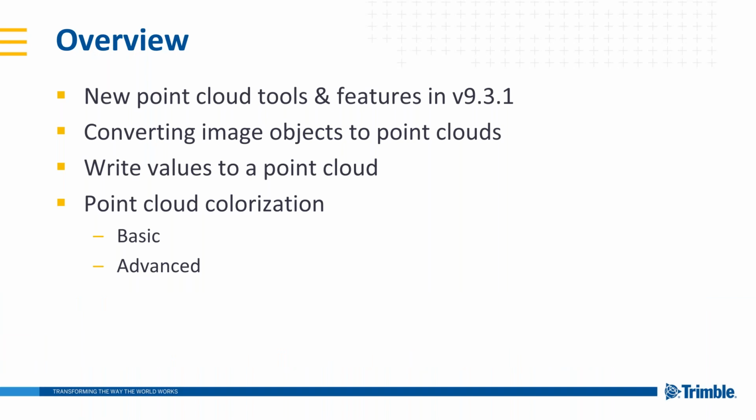We're then going to look at how we can convert image objects to point clouds directly within Developer, and how we can write values from various feature values directly into our point cloud. Finally, we'll look at point cloud colorization, and several basic and advanced methods for doing it within Developer.